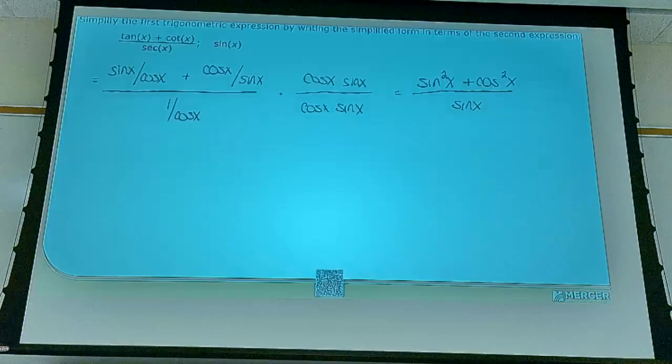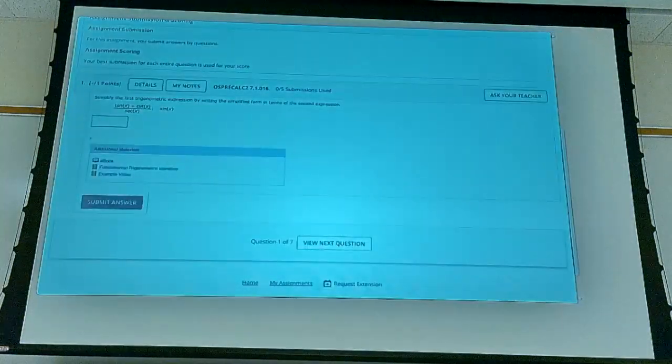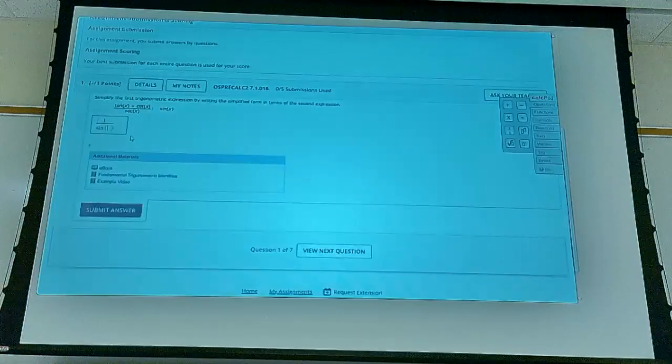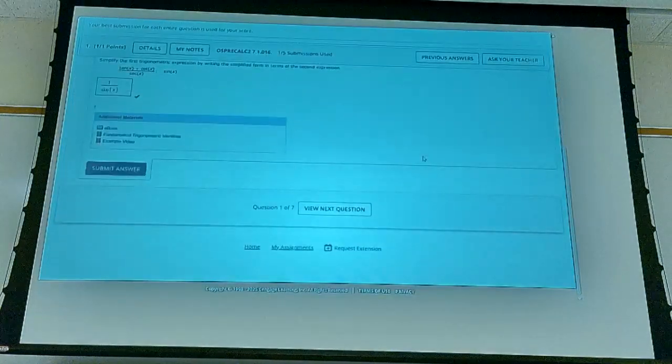What's sine squared plus cosine squared? 1. Should just get 1 over sine. And let's just verify that. 1 over sine of x. Okay.